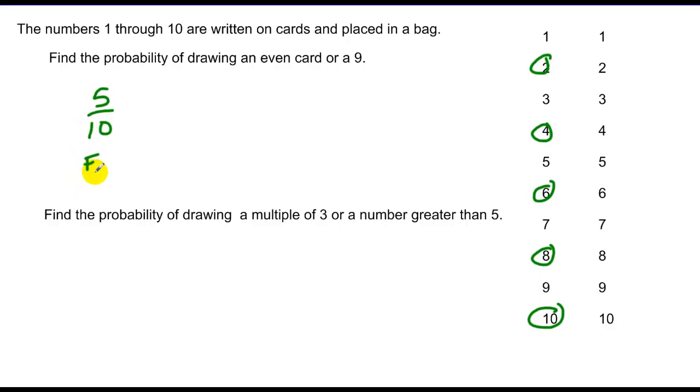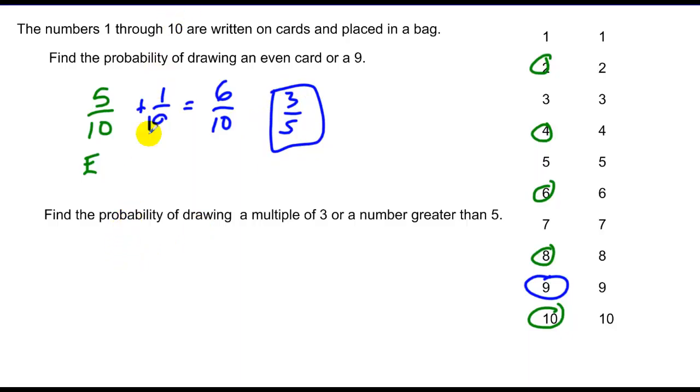It's for my even. And then I need a 9. Doesn't look like there's any overlap. That's 1 out of 10. So I have a total of 6/10, or in this case 3/5.